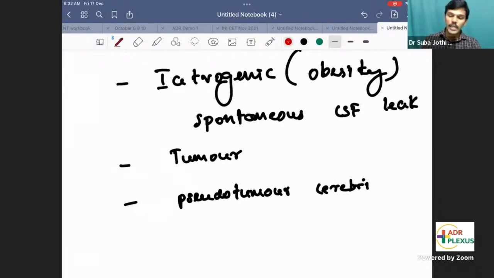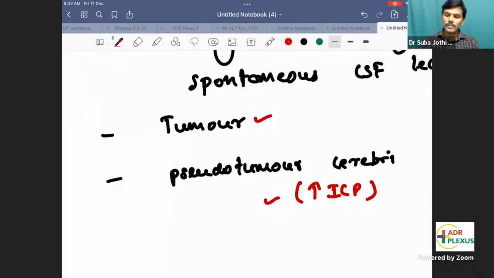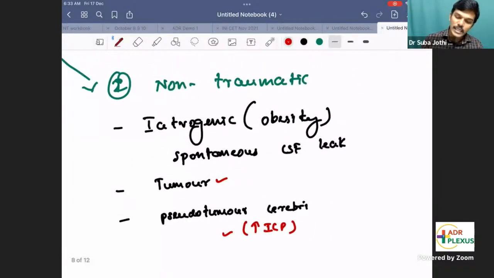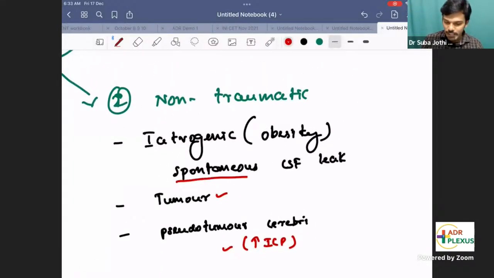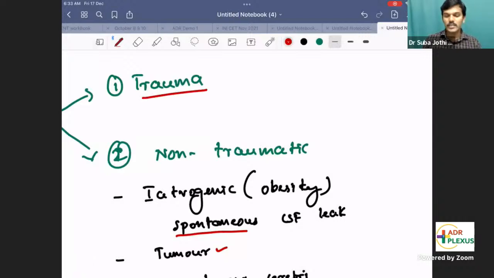So there could be a brain tumor causing pressure, or there could be only raised intracranial pressure causing pressure over the meninges and leakage. So it could be a tumor or pseudotumor cerebri, but the important ones are traumatic and spontaneous. These are the most important causes, and the most common cause is traumatic.